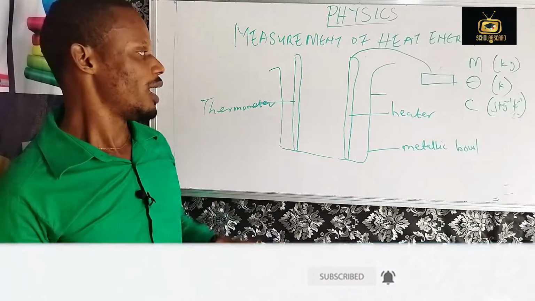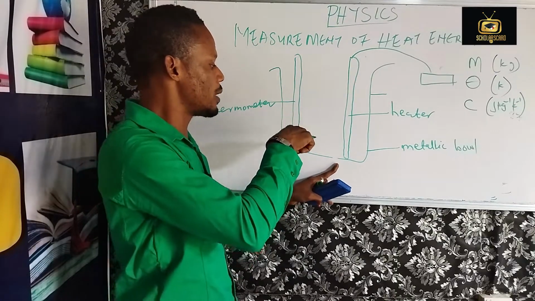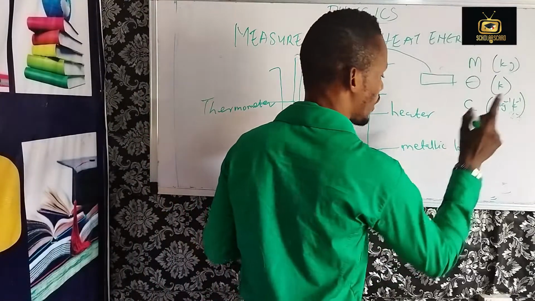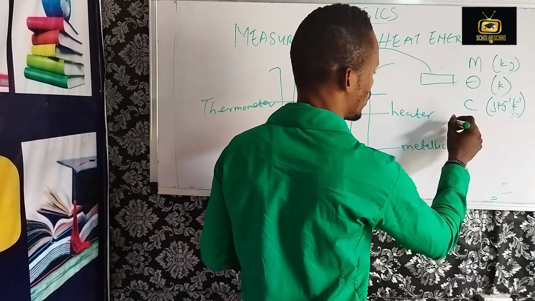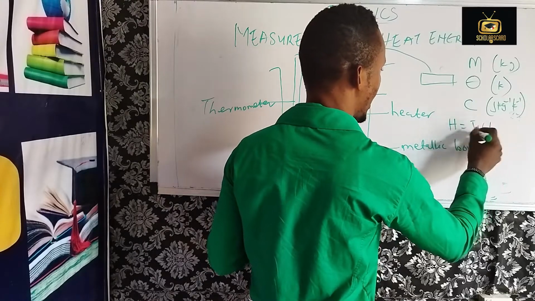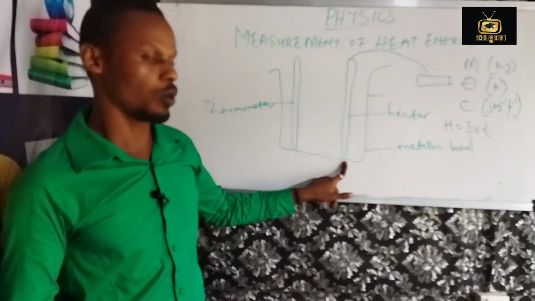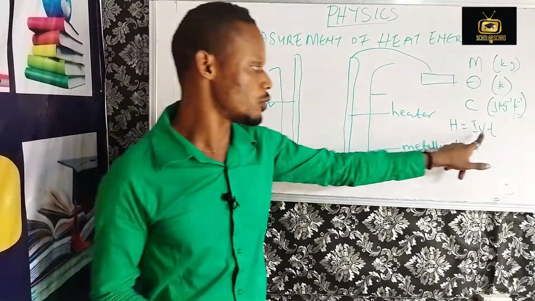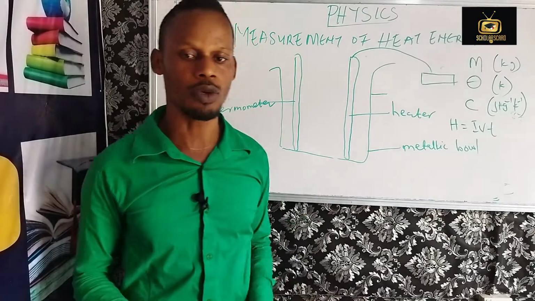The electrical work done on the metallic bowl, as we did in our previous classes in SS1, is electrical energy H equals IVT, where I is the current flowing through the bowl, V is the voltage, the potential difference, and T is the time taken.